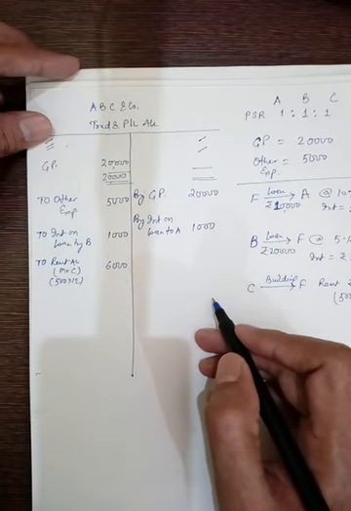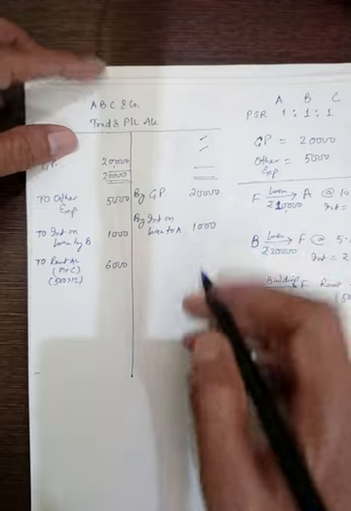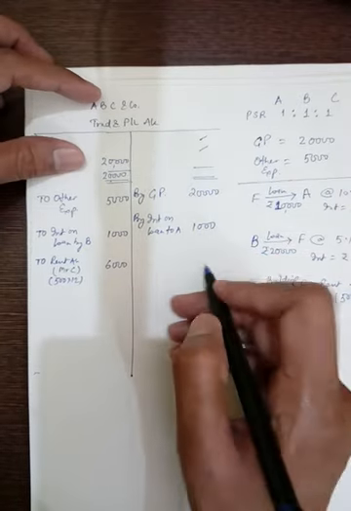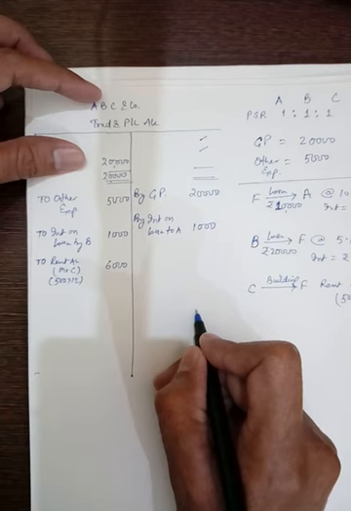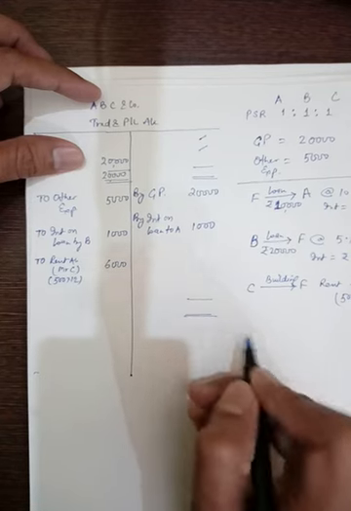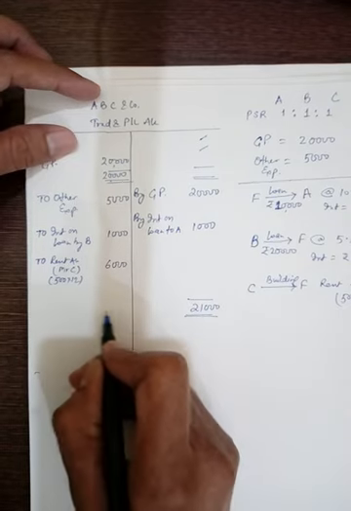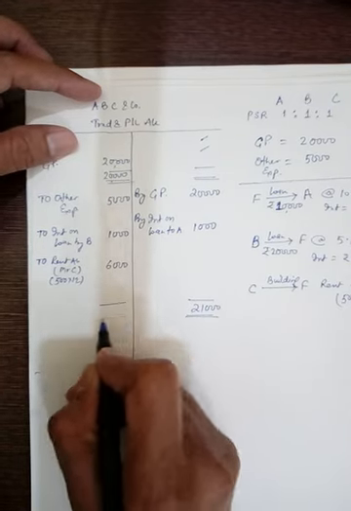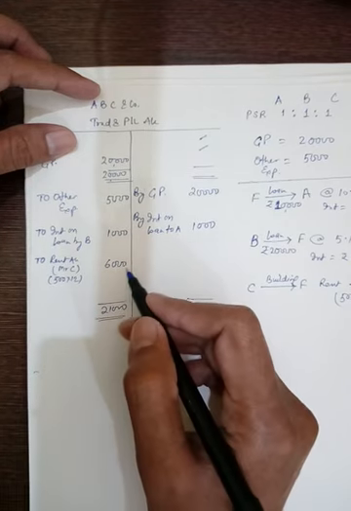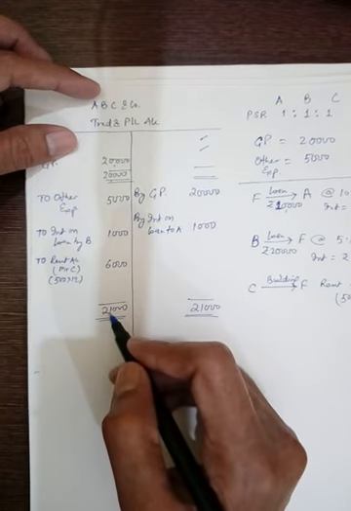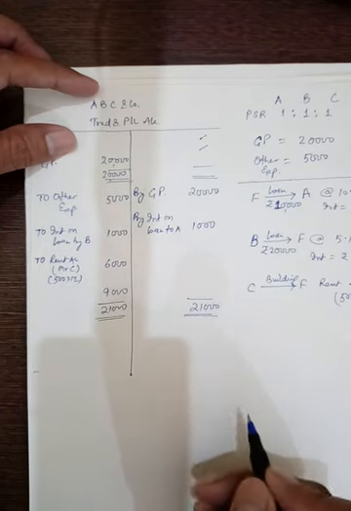Now you see that the profit and loss account is almost prepared. Add the total of the credit side. It is 21,000. 21,000 minus 12,000, and that is 9,000.